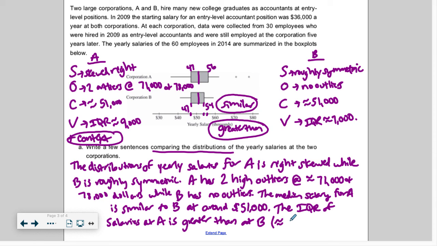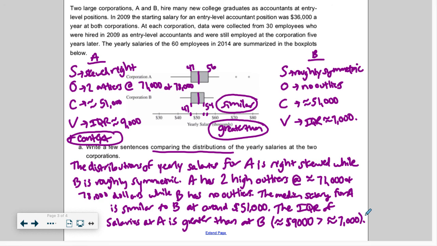So approximately $9,000, which is greater than approximately $7,000. However you want to write it's fine, just as long as you address everything. You could have done it the other way and say, oh, at B it's less than A. That's fine too. Just make sure you're including the numbers when you make the comparisons and that you're using what we call explicit comparison words, which would be things like greater than, less than, or similar to.